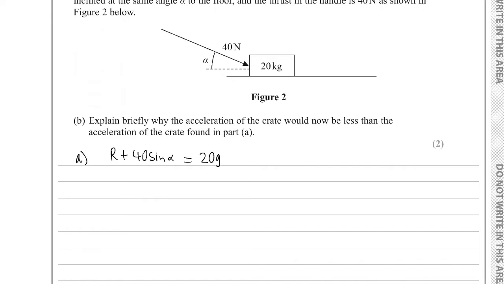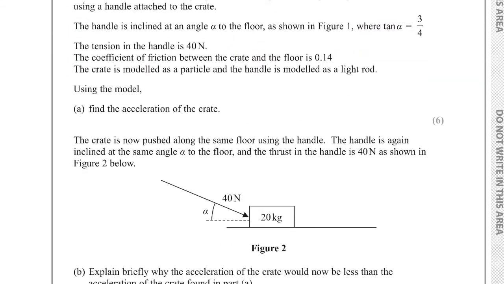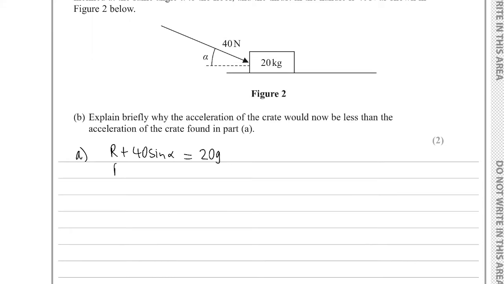Using g to be 9.8 and sine alpha to be 3/5, we will be able to obtain the value of R, which is the reaction force. This turns out to be 172 newtons.